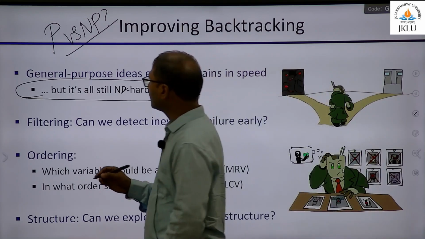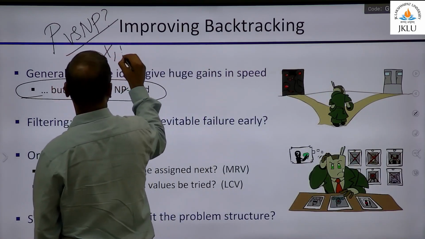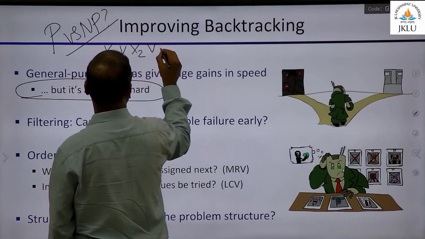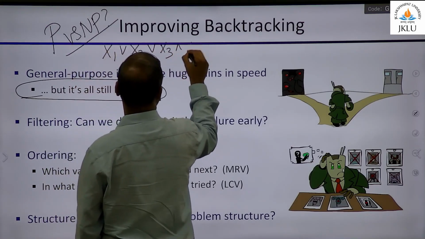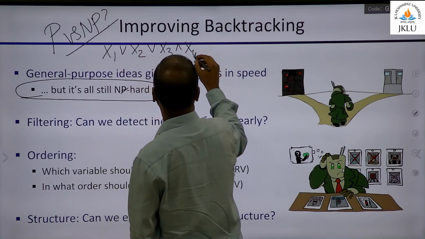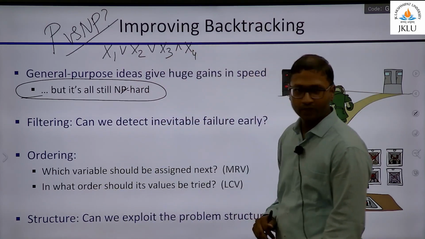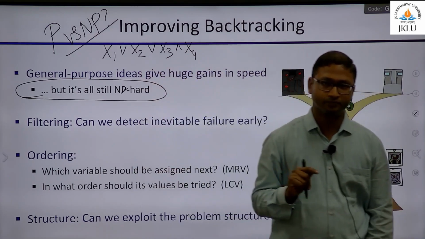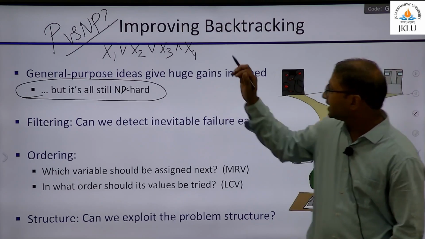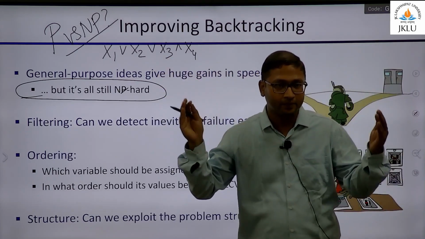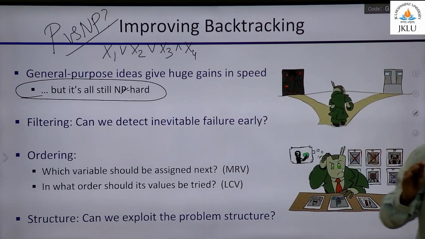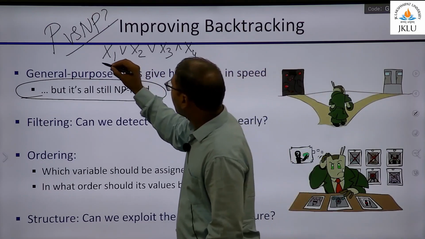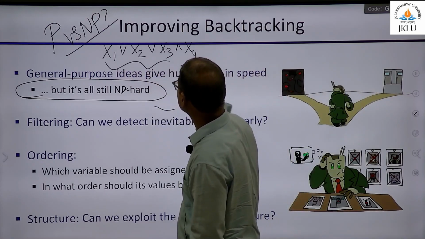Look, if I give you a problem of this kind, x1 or x2 or x3 and x4 and so on, okay, this is a Boolean formula, right? This in itself may not be NP hard, but this problem in general asks the question: how should I put the values of these variables?